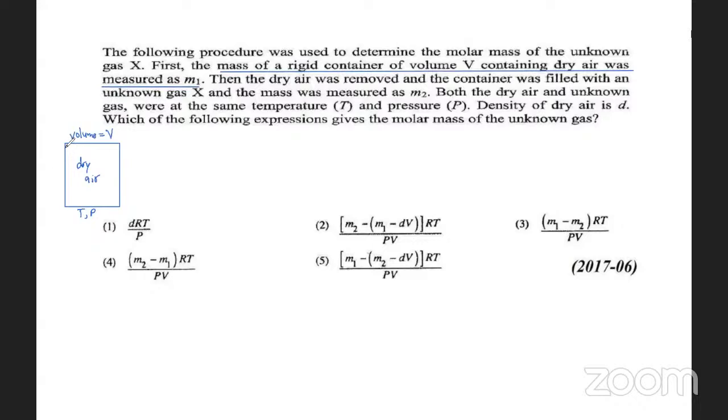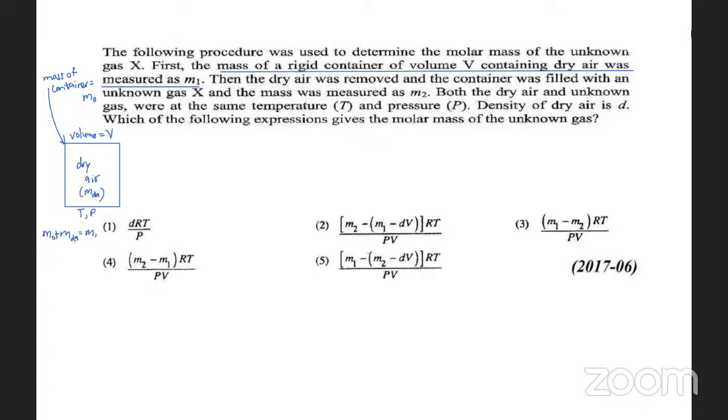So if I take the mass of the container as M0, and the mass of dry air as MdA, then according to the data given, M0 plus mass of dry air is equal to M1.